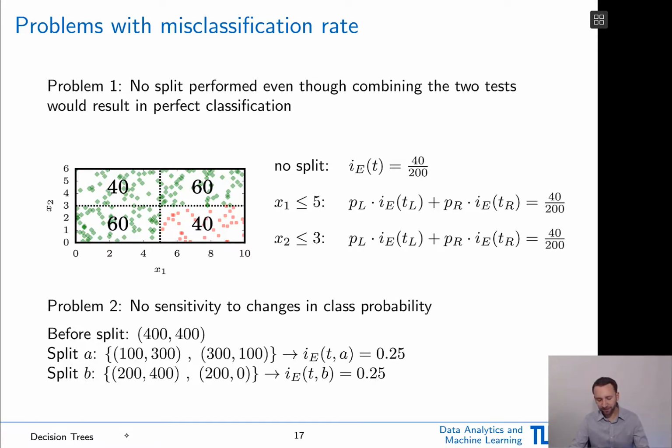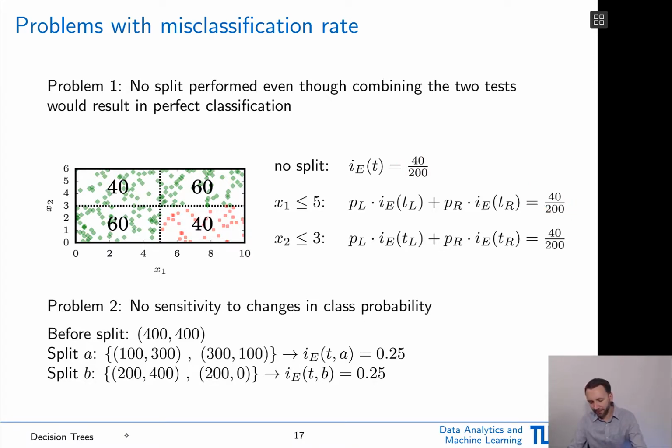But if we now, for example, do a split here or here, and we're calculating this gain in the misclassification rate, so you can do this at home, it would turn out the solutions for these sub nodes, so to say, would still be 40 divided by 200. So meaning if we subtract this from this one, the gain would be 0.